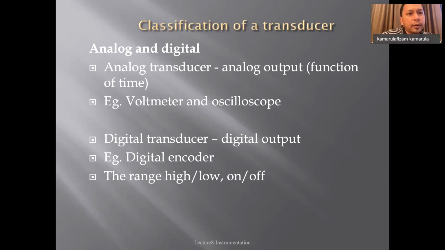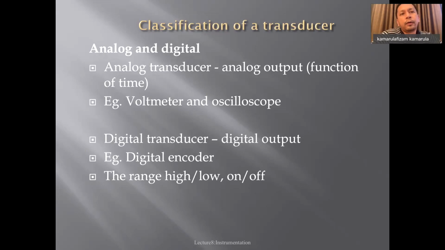For the digital one, basically the output, or your observation, is in digital form, where the value is either 0 or 1. Here you see either high, low, or on and off.